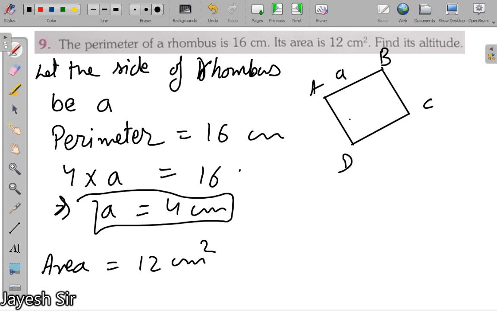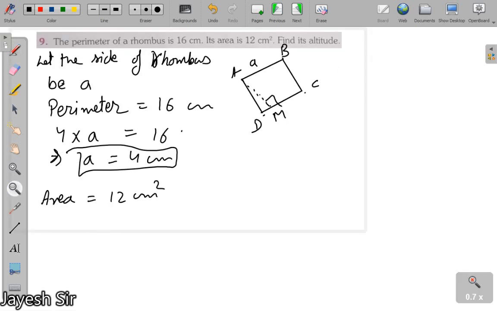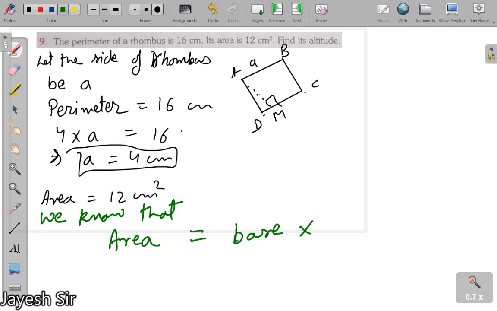Now if we consider DC as the base, then this AM will be the height of the rhombus. We know that the area of a parallelogram is base into height.